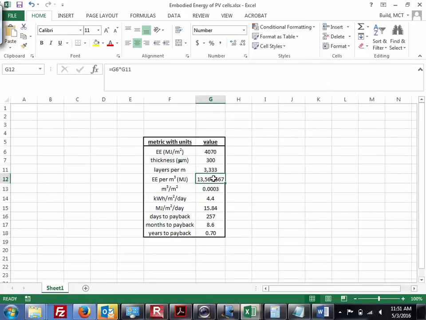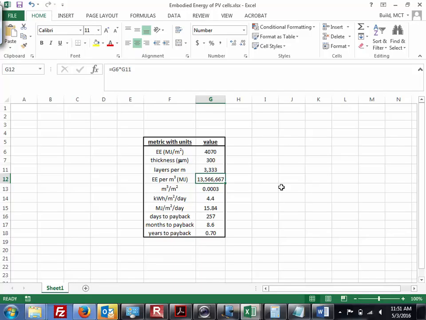Okay, now we want to know the embodied energy per cubic meter in solar cells. Well, there are 4,070 megajoules in a square meter, and we just took that square meter and stretched it up into a cubic meter. So now we're looking at 13 terajoules.